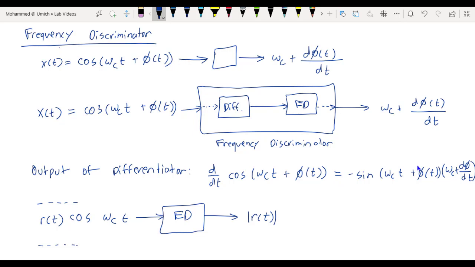Now, recall from Lab 2 that an envelope detector is a system that takes in general I of t times cosine of omega ct and produces magnitude of I of t at the output.